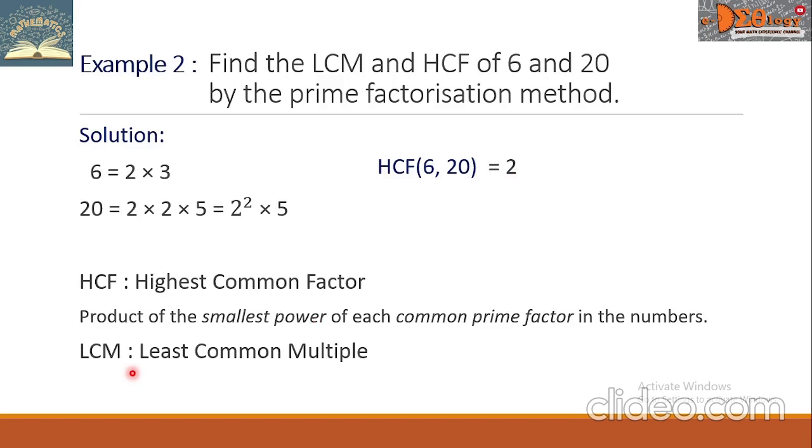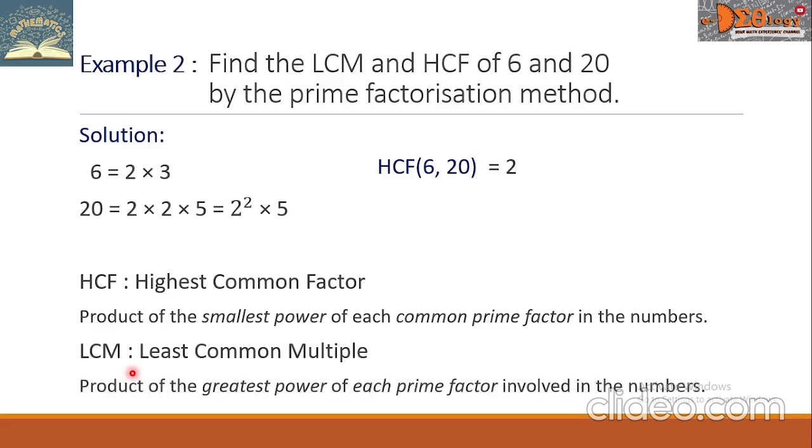Then we go to LCM. LCM means least common multiple. By definition, we say that LCM is the product of the greatest power of each prime factor involved in the numbers. So for the LCM of 6 and 20, we're going to copy all the factors in here to be multiplied together.